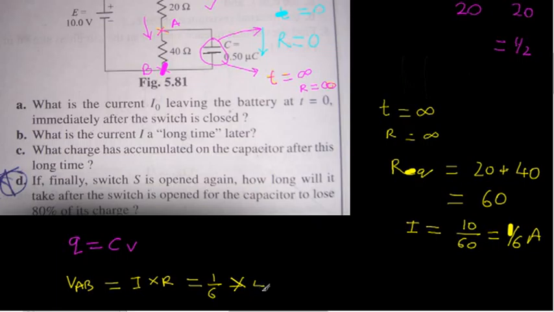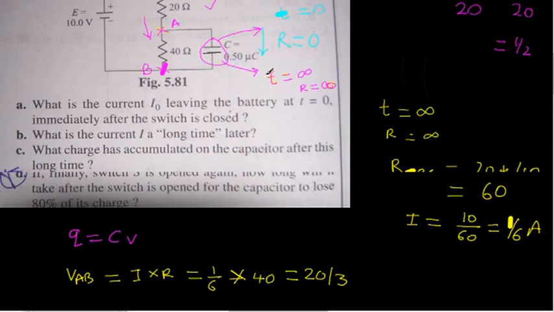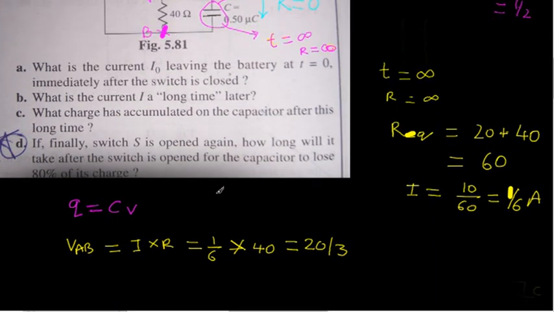Then this will be equal to 20 by 3. Now you have C. C is 0.5 microfarad.